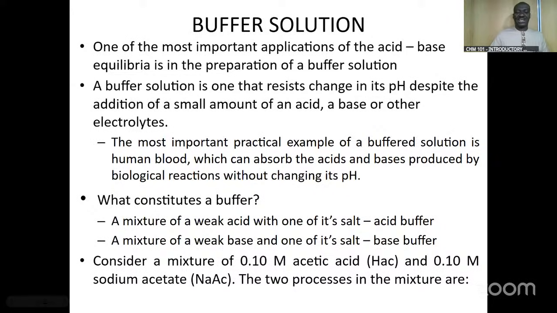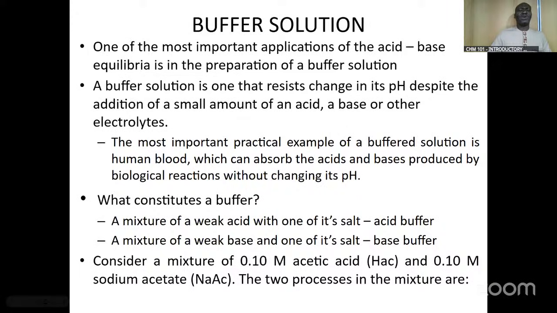Now, having said that, what constitutes a buffer in the first instance? Just like the blood, you eat all manner of things, acidic, basic, and yet the blood pH remains constant.